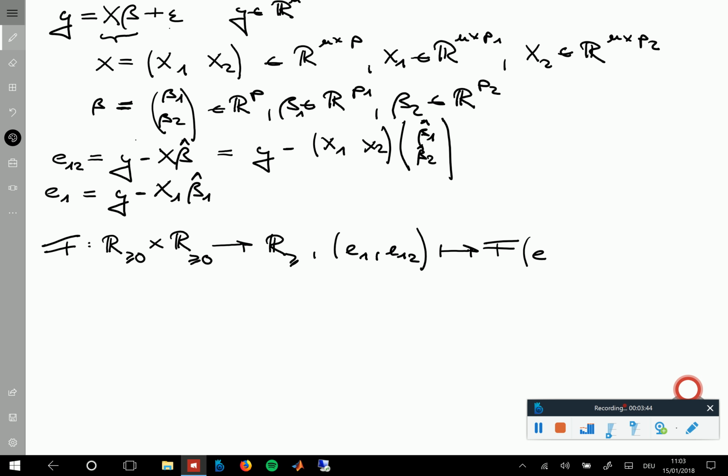Like always, I'm just writing this as a function because then one knows what the F value depends on.